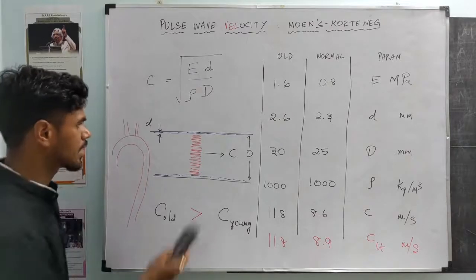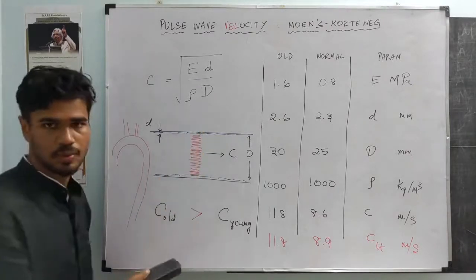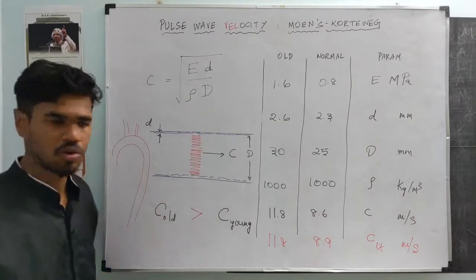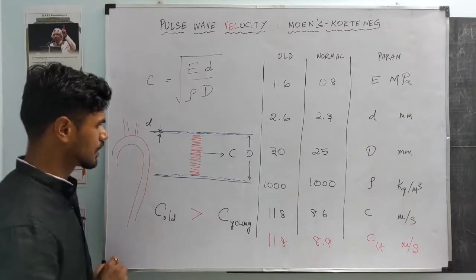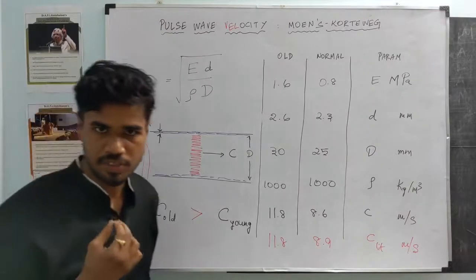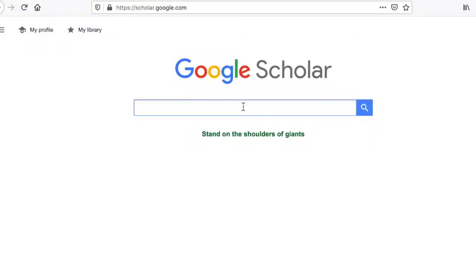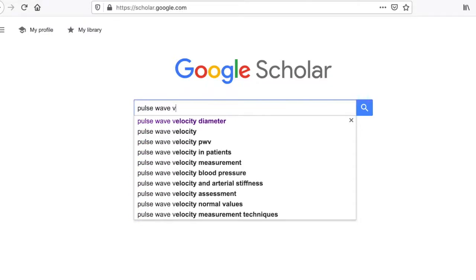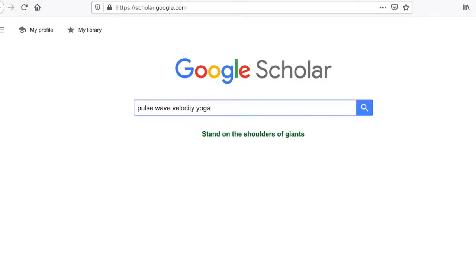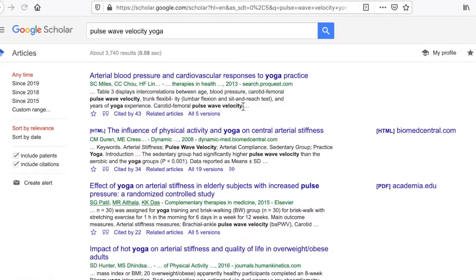Such features are not captured by this model, so one has to come up with more complex models. And as far as non-invasive measurements go, there are many studies that try to answer questions like, if I do yoga every day, is it going to keep my pulse wave velocity close to a young person's velocity? If you are curious, take a look at it.